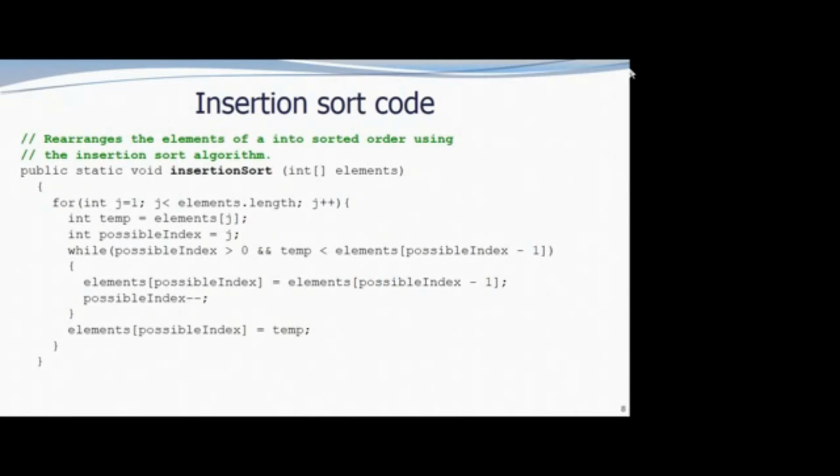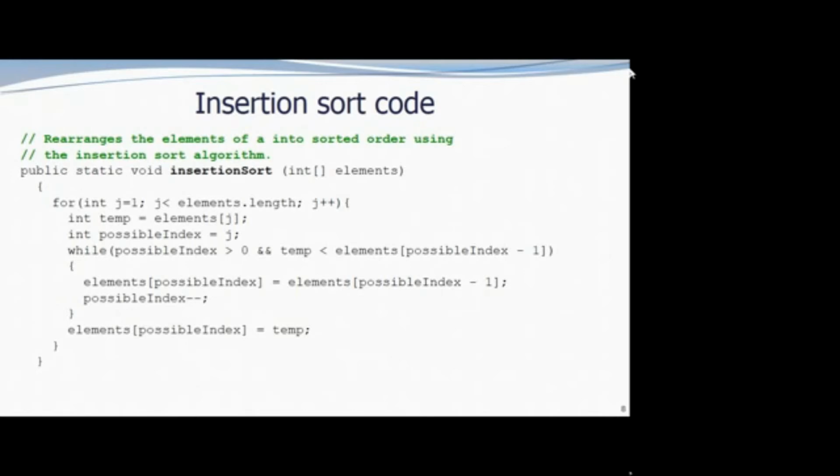We go through the whole list, and as we go through this pass, we get the element we're currently at, the very next element, and we say its new possible index is going to shift. Right now, both j and the new possible index are in the same place. Keep going so long as possible index is greater than 0 and the element we're currently at is less than the element at my new possible index.